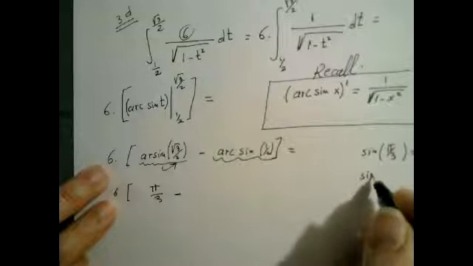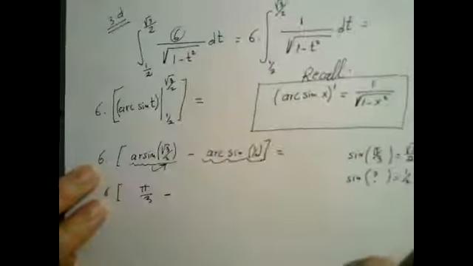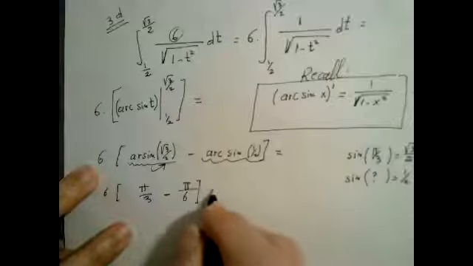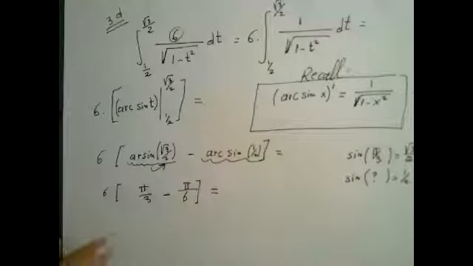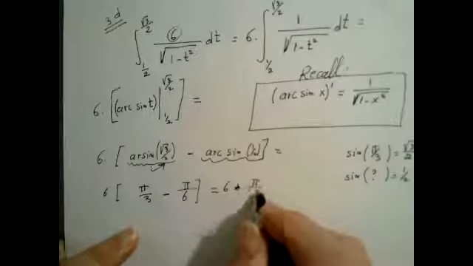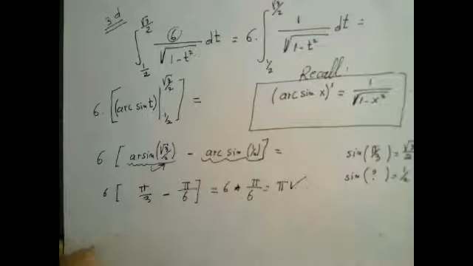It means you're asking yourself which angle has sine a half. That's the arc sine or the inverse sine, which is pi over 6. Right? And if we do the math, we'll get 6 times pi over 6, which is equal to pi.